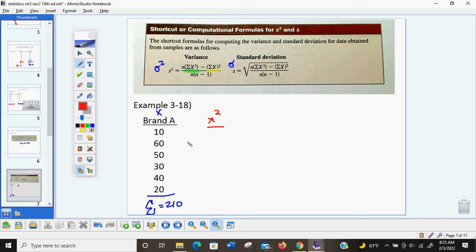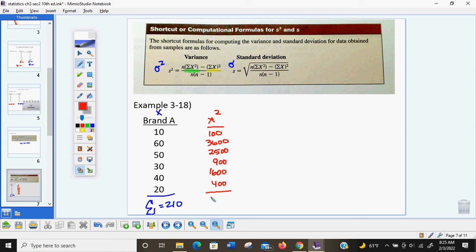So we've got 10 squared is 100. Then we've got 60 squared is 3600. 50 squared, 2500. 30 squared is 900. 40 squared, 1600. And 20 squared is 400. I just took all of these numbers and squared them, okay?